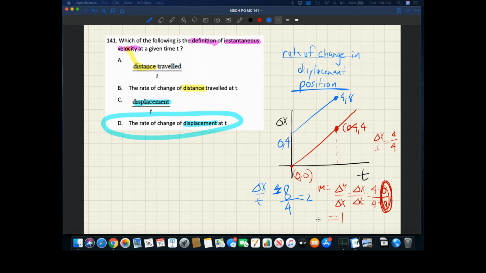But if we do delta x over delta t, or delta y over delta x, we're left with 8 minus 4 over 4 minus 0. Well, that will give us the 4 over 4 to give us the same one. But we can't just take the distance and divide it by the time. So you have to be careful about that. And it comes back to that initial definition of what it is in words. The rate of change of displacement at any moment in time, t.